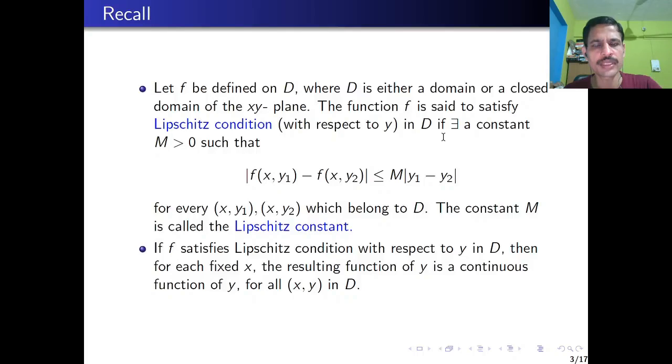We have also noted in our previous lecture that if f satisfies Lipschitz condition with respect to the variable y, that is the second variable in the domain D, then for each fixed x, the resulting function of y is a continuous function with respect to y.